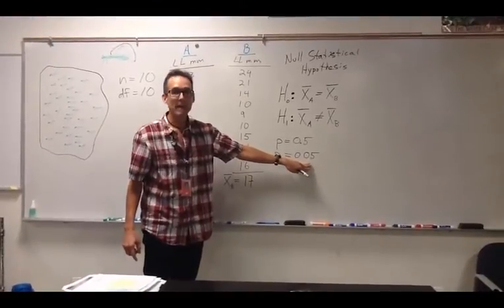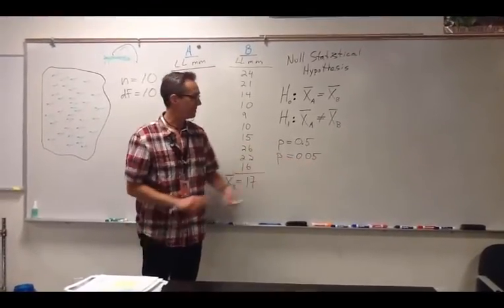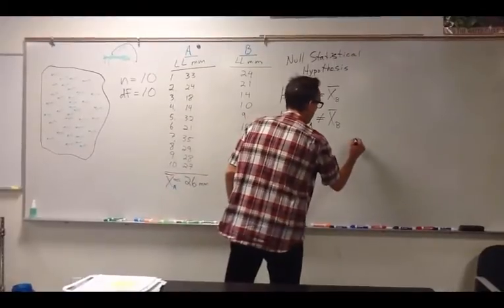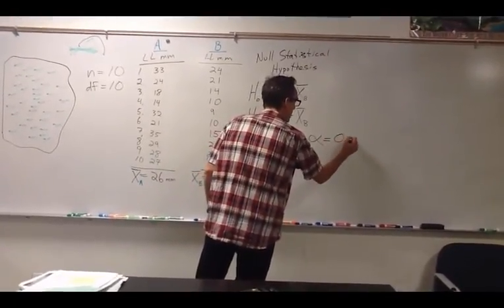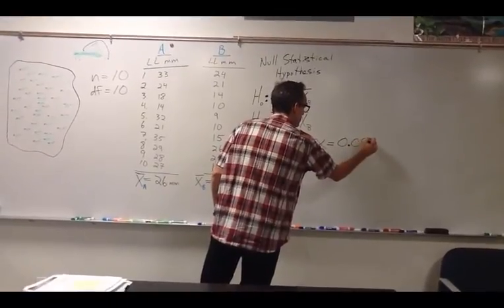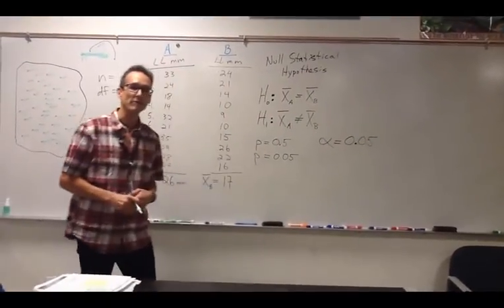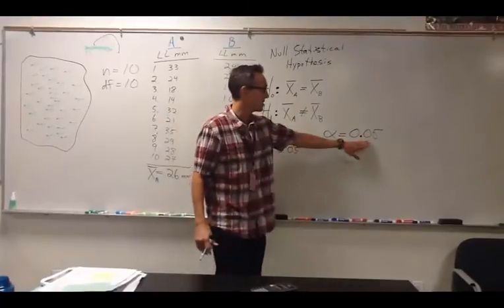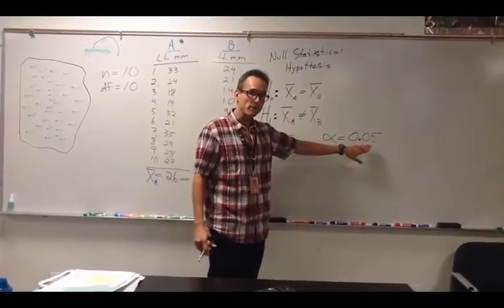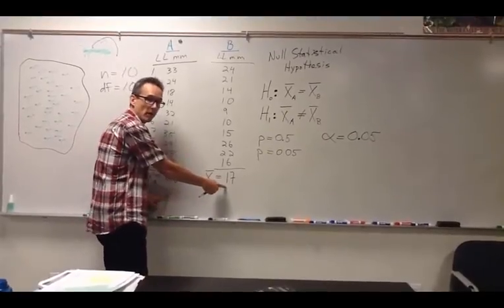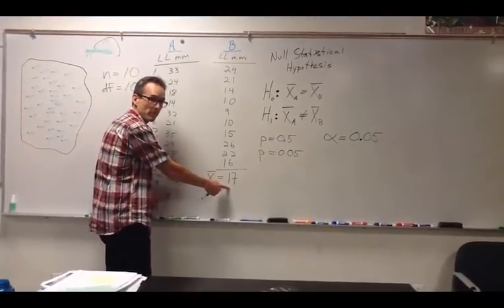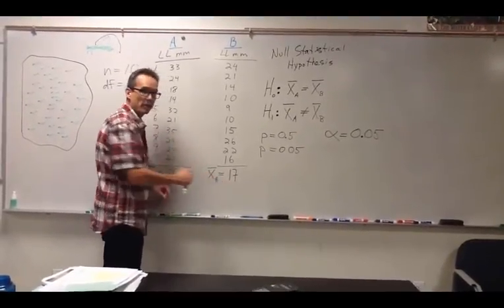We call this level of probability alpha. And we set this probability at 0.05. So this is the level of probability at which I am comfortable concluding that these two means are indeed different and did not occur by accident.